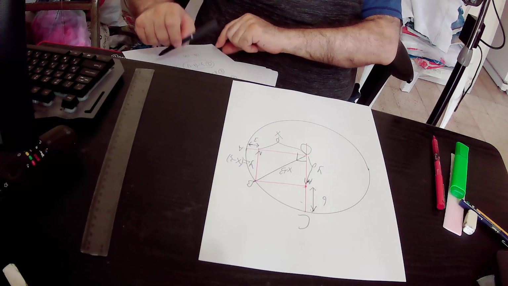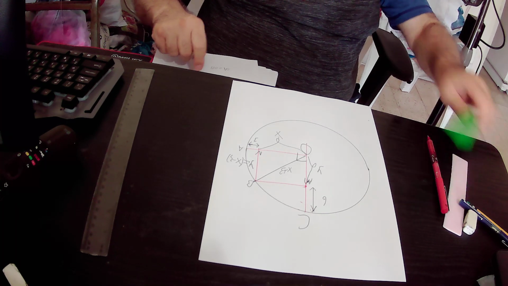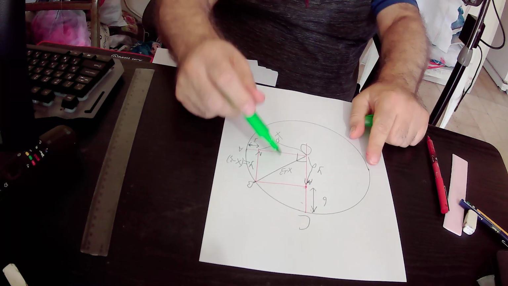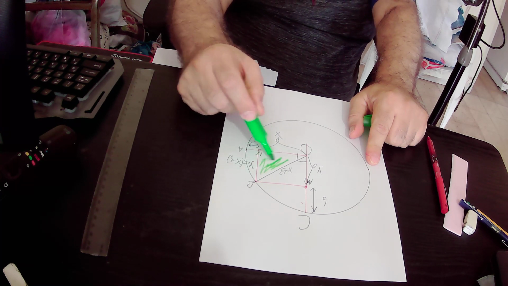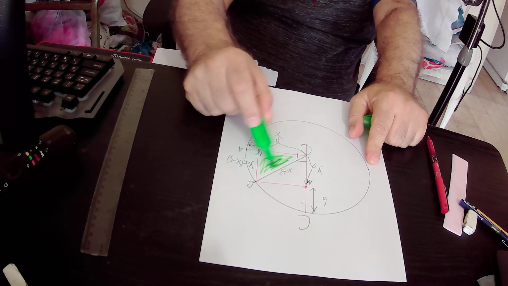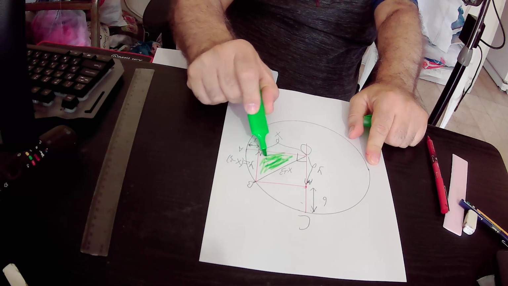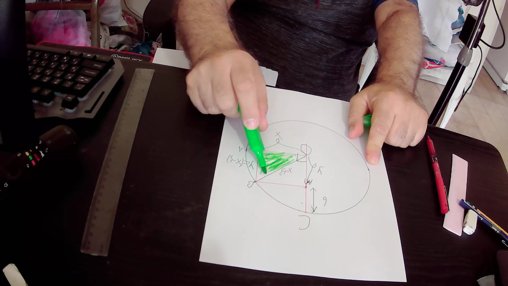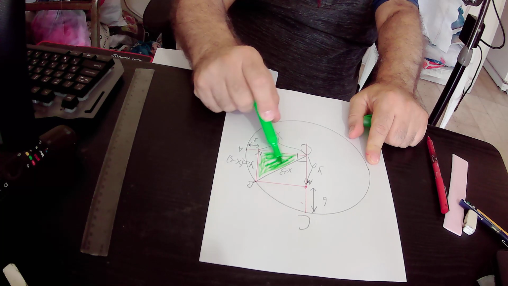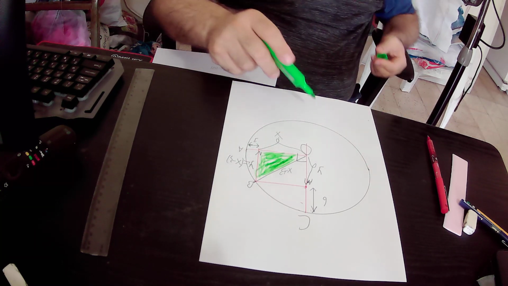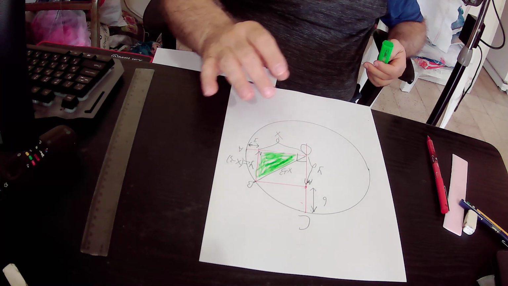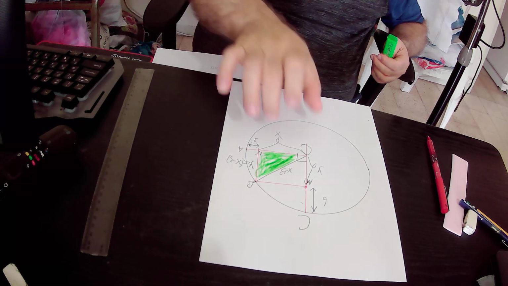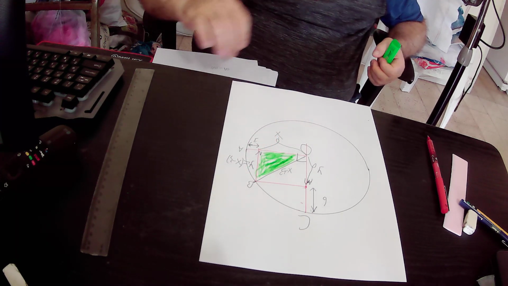Now we can implement the Pythagorean theorem in the right green triangle. In the right green triangle OBN, the square of the hypotenuse equals the sum of the squares of the perpendiculars.